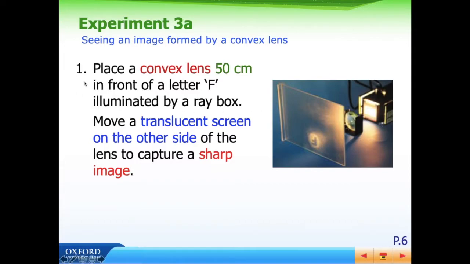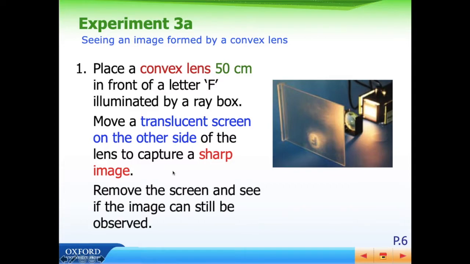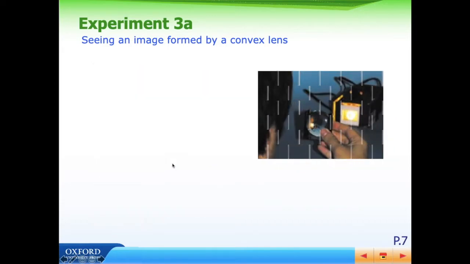The first thing that you are going to do is place a convex lens 50 centimeters in front of a letter F illuminated by a ray box. You move a translucent screen on the other side of the lens to capture a sharp image. You remove the screen and see if the image can still be observed.